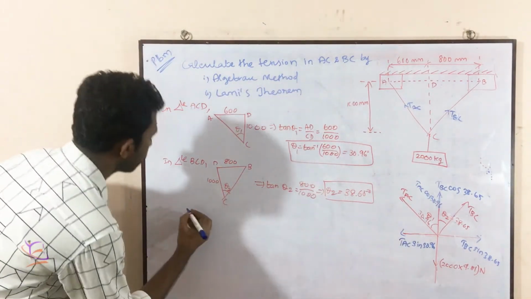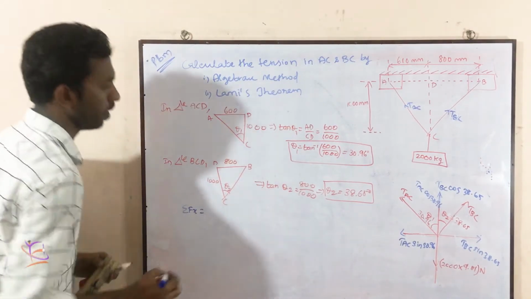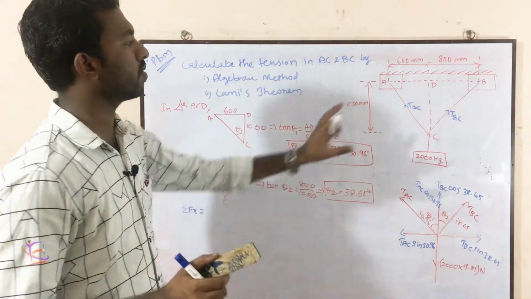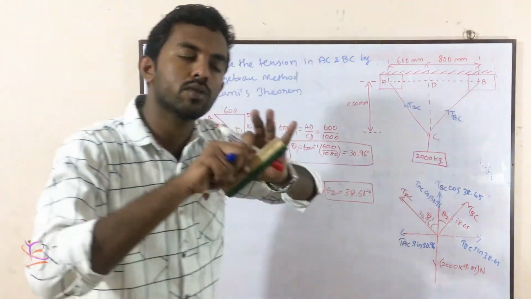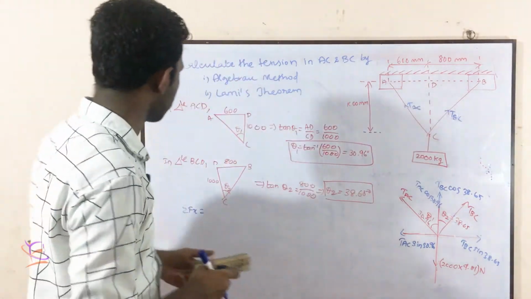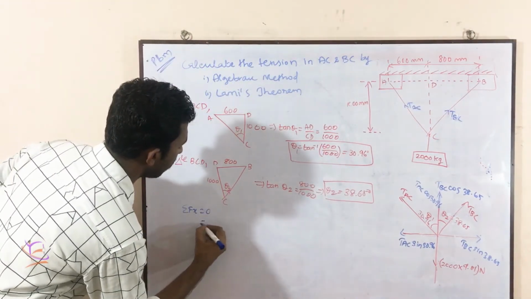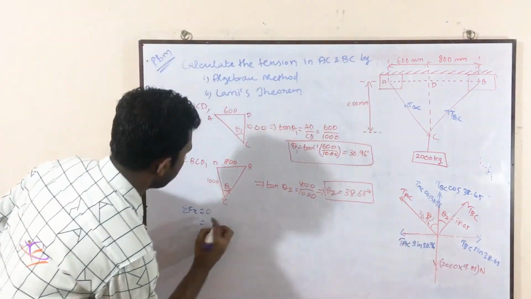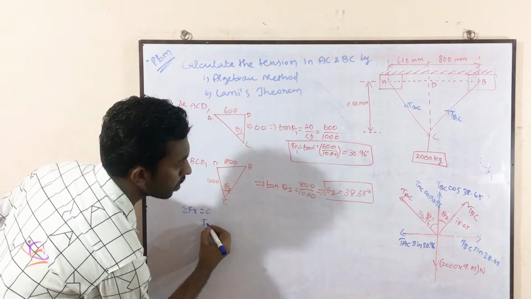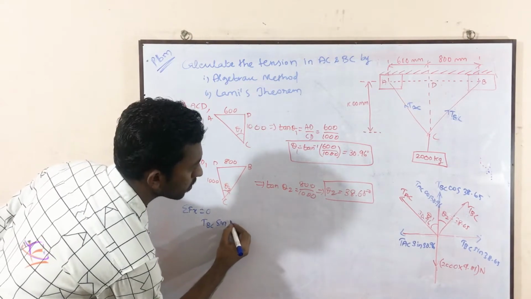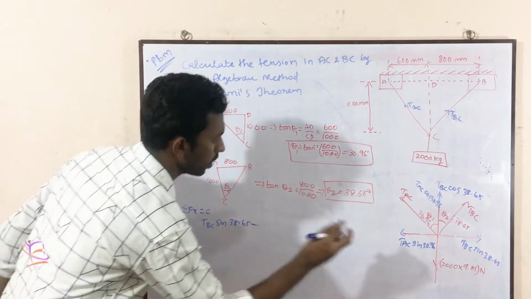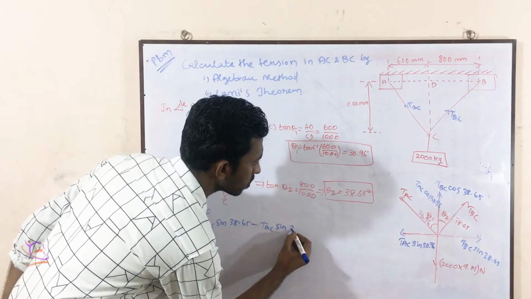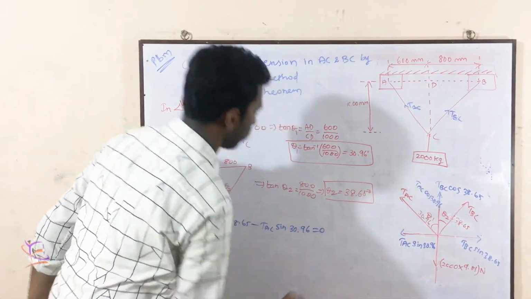We have to substitute the value 0, because the condition given is the equilibrium condition. We are going to solve everything in equilibrium. So summation Fx equal to 0. On the x axis, TBC sin 38.65 minus TAC sin 30.96 equal to 0.